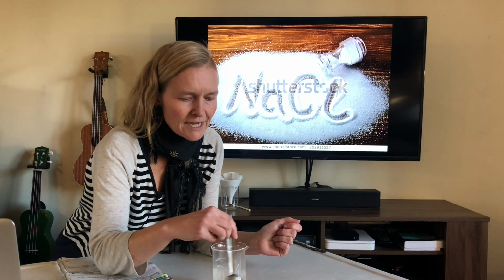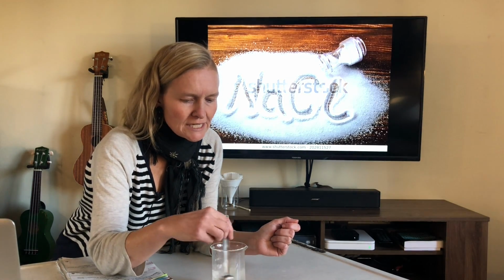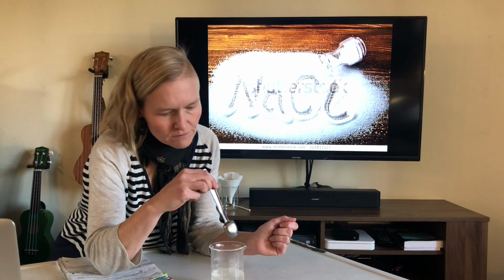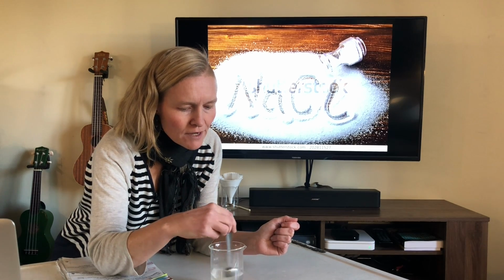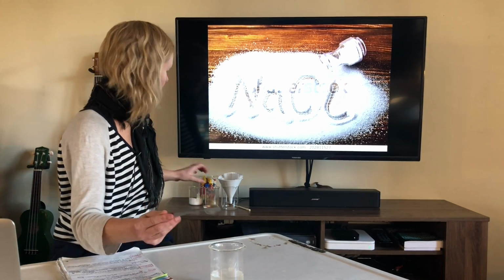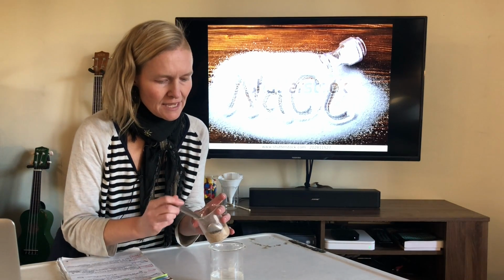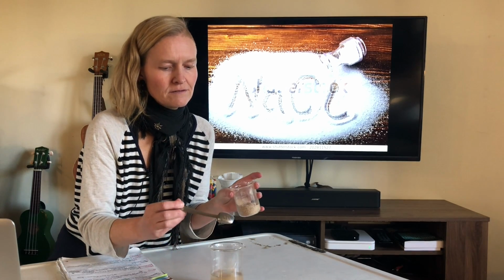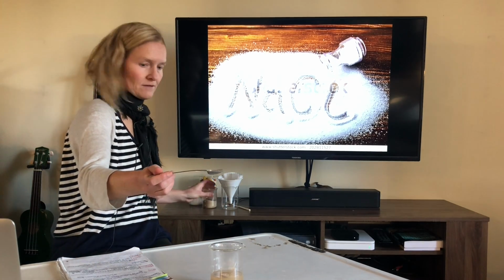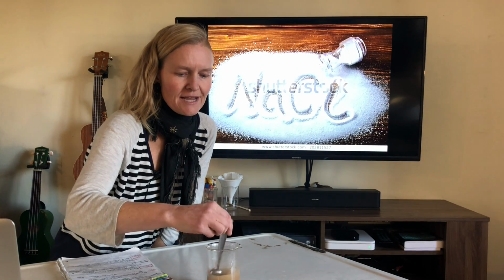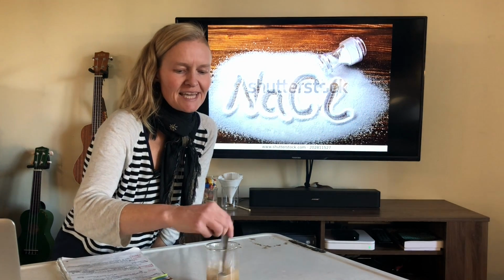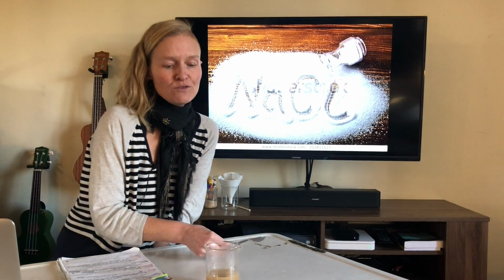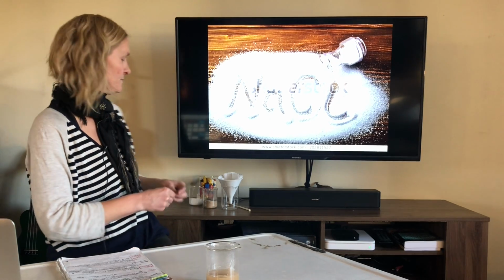The sodium chloride, the table salt, should nicely dissolve in the water. It's just about gone. Okay, then we're going to take some sand. We add that to the water as well, and we mix it together. And you know that the sand is not going to dissolve in the water like the salt will.